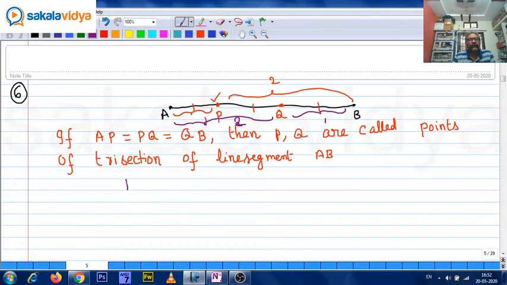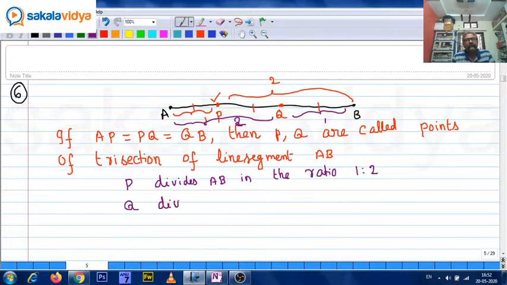That means P divides AB in the ratio 1:2. Q divides AB in the ratio 2:1.